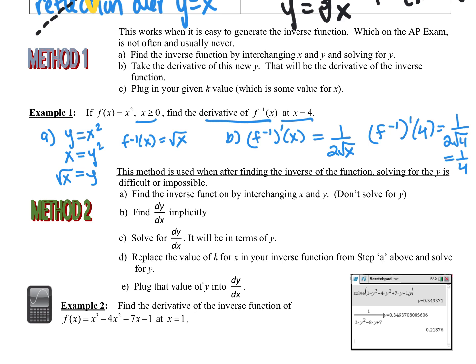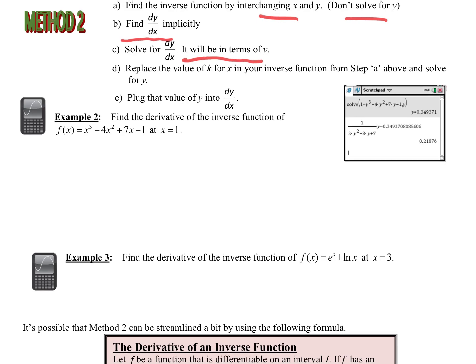So in this case, we would still find the inverse by interchanging x and y, we just would not solve for y, because that's going to be really, really hard. Then we would go ahead and find dy dx implicitly, and then solve for dy dx. It will be in terms of y in this case, and then we would replace the value in our inverse that we wanted to find. So we're going to do an example of that here.